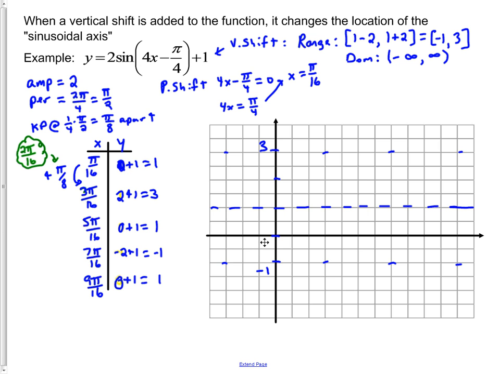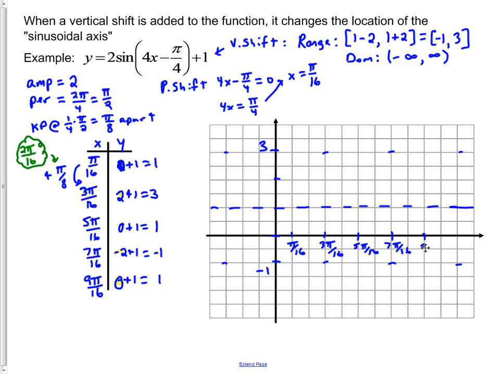Our x values along the x-axis right here: we started at pi/16 as our first key point, a shift to the right. Our next key point at 3 pi/16. The next one at 5 pi/16. The next at 7 pi/16.